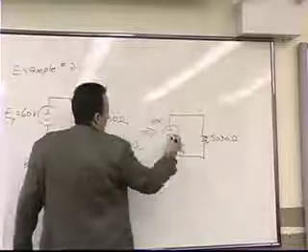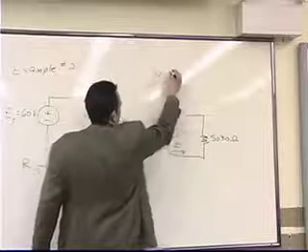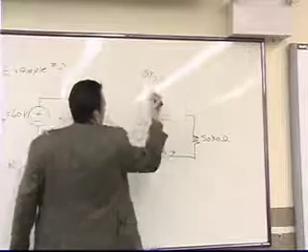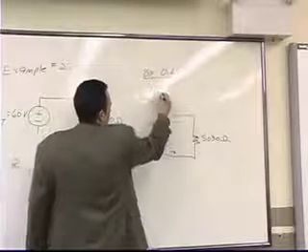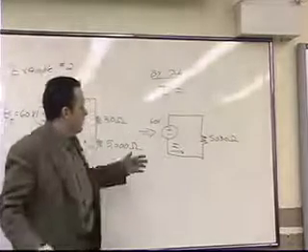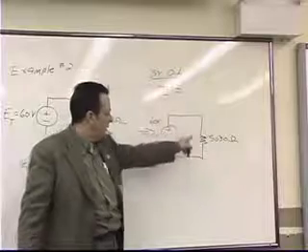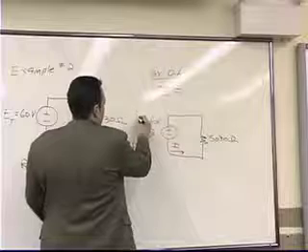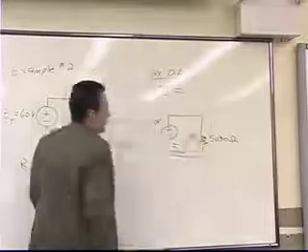I usually don't write it out, but we could write by Ohm's law, current is equal to, I have to go to my Ohm's law wheel and find out what current is equal to in terms of E and R, because remember, this is the total voltage and this is the total resistance.